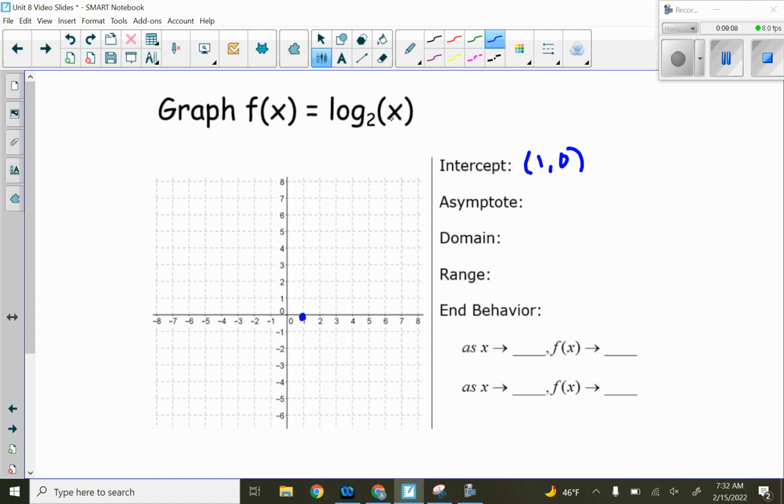Our asymptote, we look in here, so x can't equal 0. So that line is at x equals 0. Now drawing my asymptote. Our graph will get very close, but never touch it.